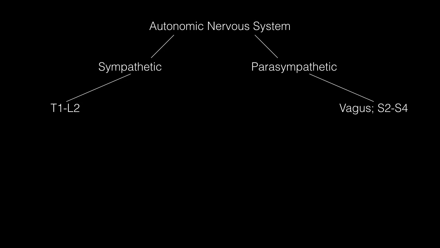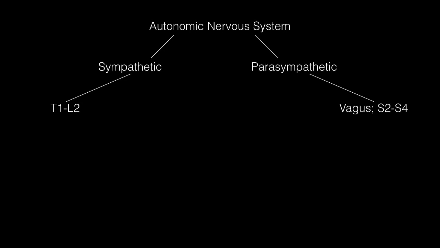That's 14 different spinal levels: T1 through T12 plus L1 and L2. So any autonomic neuron that comes out of those levels going to smooth muscle is going to be a sympathetic neuron. And we'll get into more detail with that.